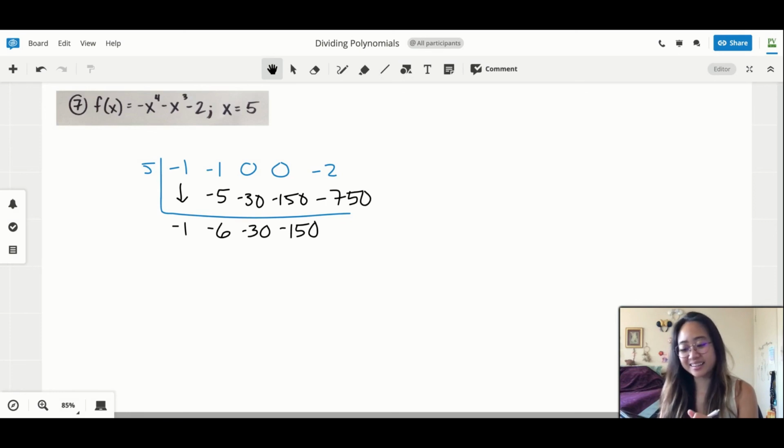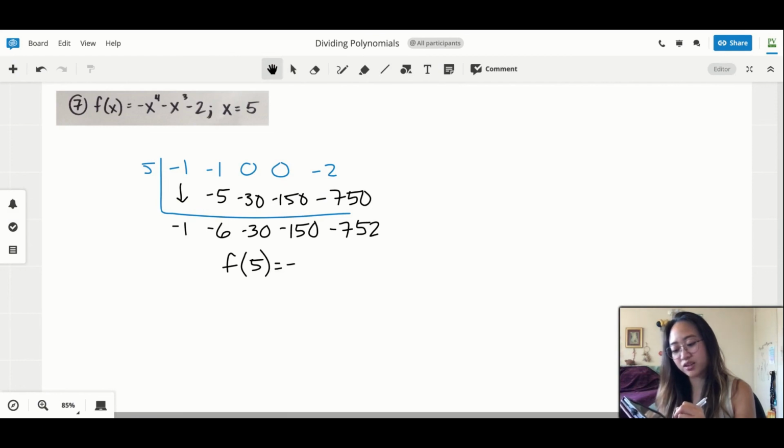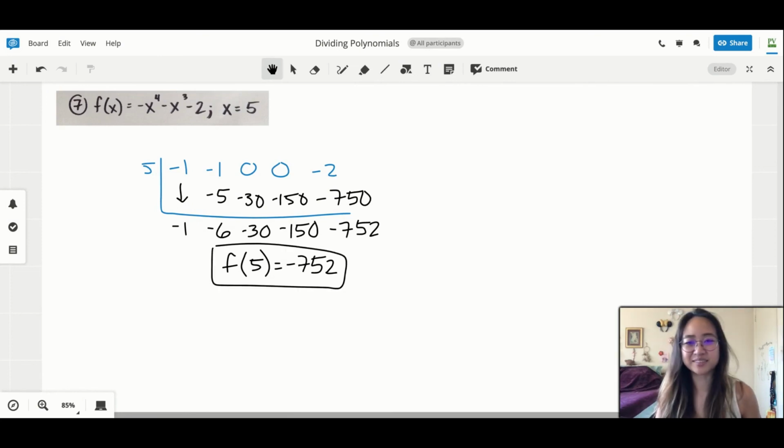And then adding these two together, those last numbers, we get -752. So then, as large as that number is, we can say then that f of 5 equals -752. And that's our final answer.